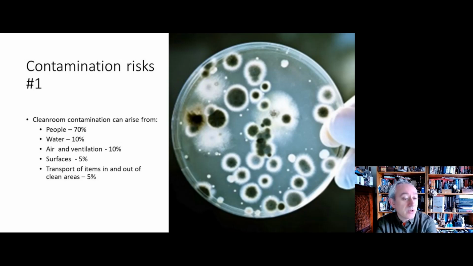Also water is an effective vector of contamination through droplets and aerosols, which is why we have to confine wash bays away from any critical processing, and why we can never have water on a floor.